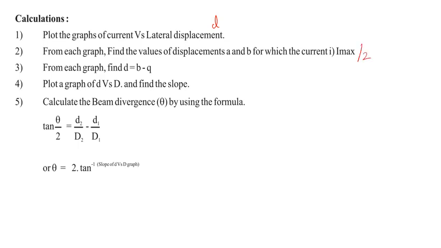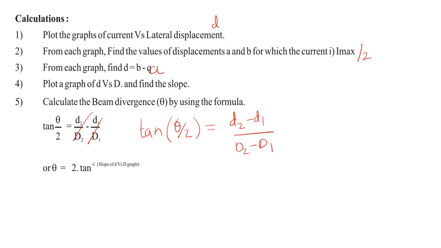And from each graph find d is equal to B minus A. It should be B minus A, and plot the graph of small d versus capital D, and find the slope and calculate the beam divergence by using this formula. Here this formula is wrong. Tan theta by 2 is equal to d2 minus d1 divided by capital D2 minus D1.